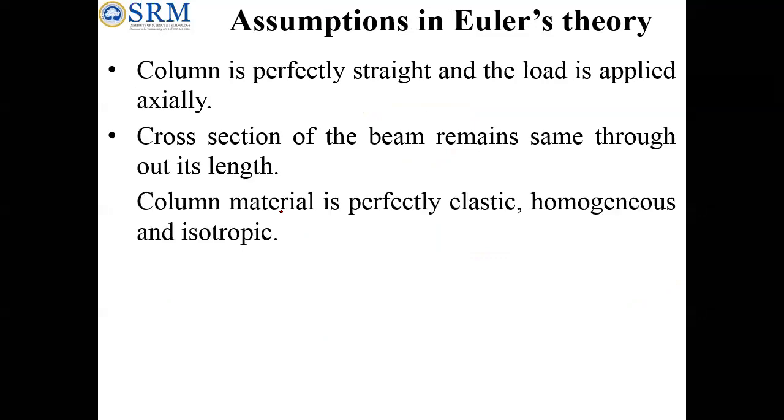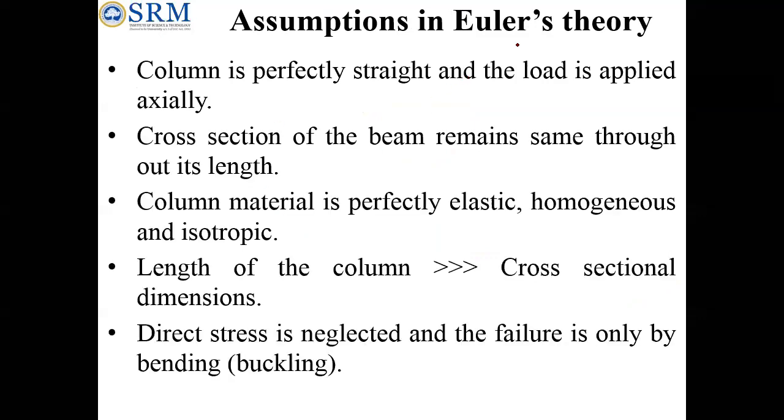And the assumptions we are going to use for Euler's theory are: the column is perfectly straight, and we have only an axial load, not a lateral load. The cross section remains the same throughout the length, because we are going to use area and moment of inertia.